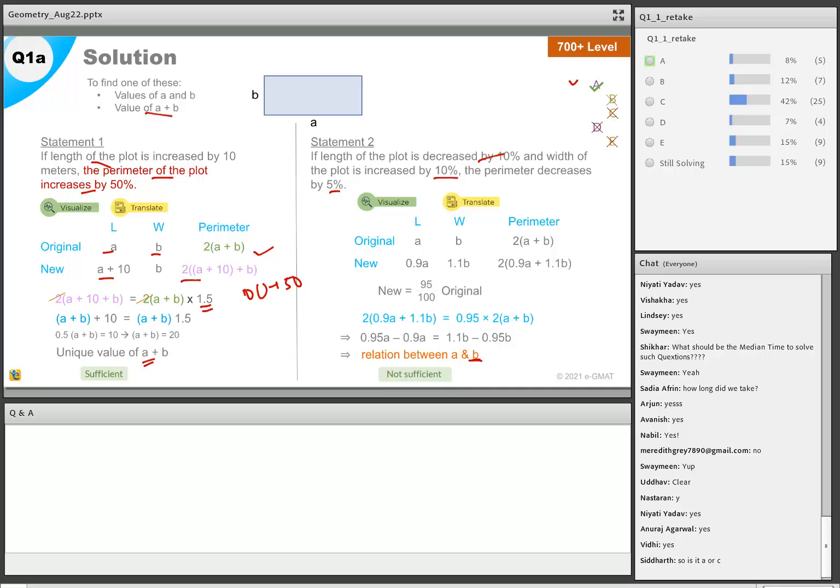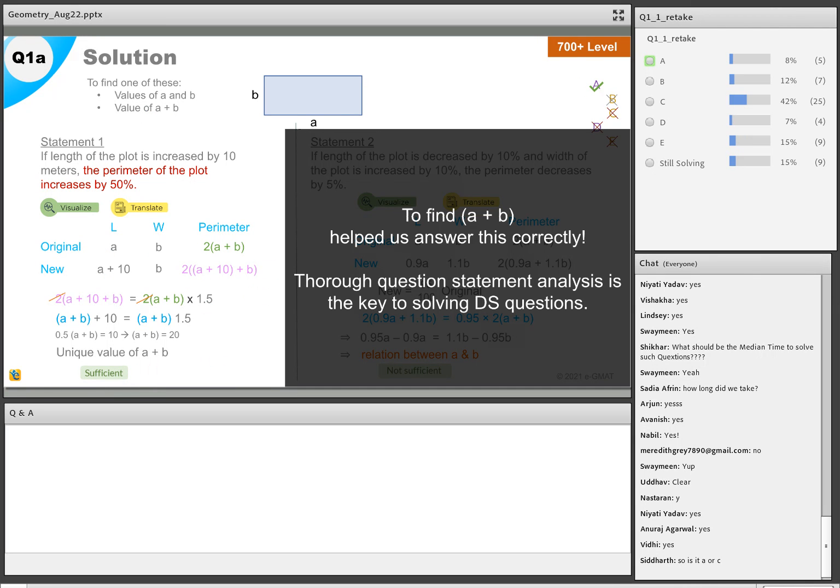Since the first statement is sufficient, Siddharth, the correct answer choice for this question is A. For the previous question, it was C, not for question number 1A. We are discussing question number 1A over here, right? So it's very important that you have a very thorough understanding of how to solve a DS question. Otherwise, the chances of faltering are also very high, right?